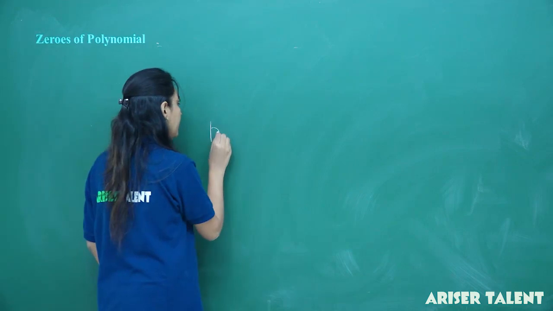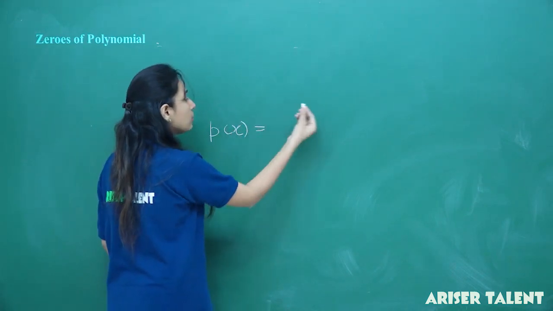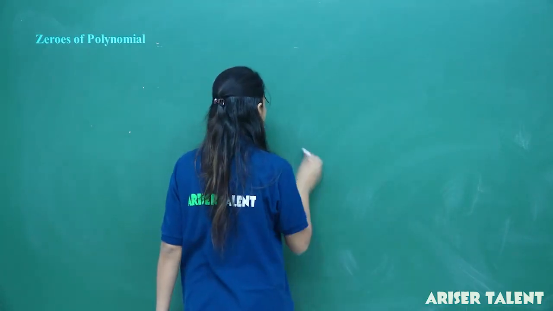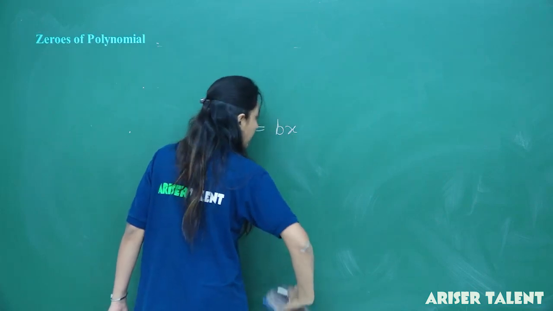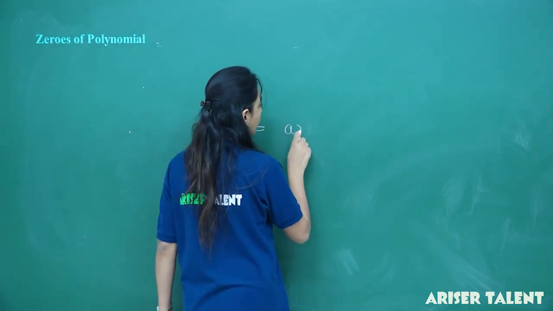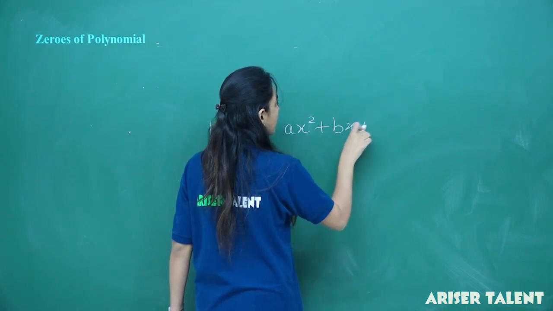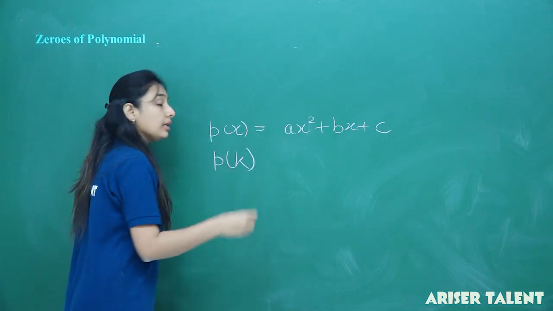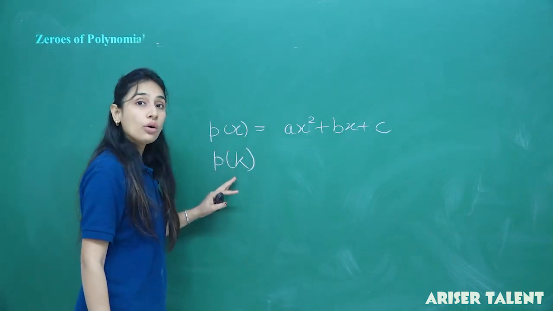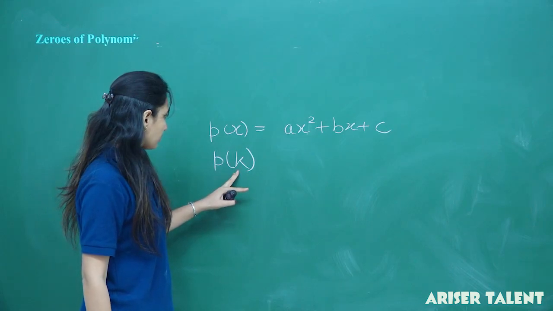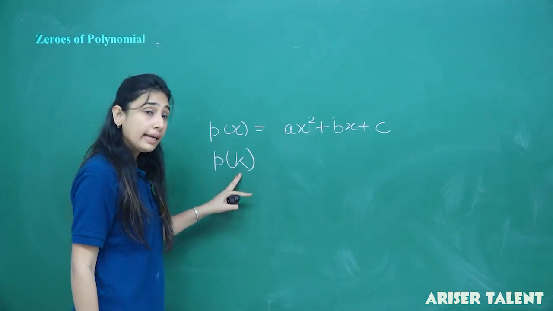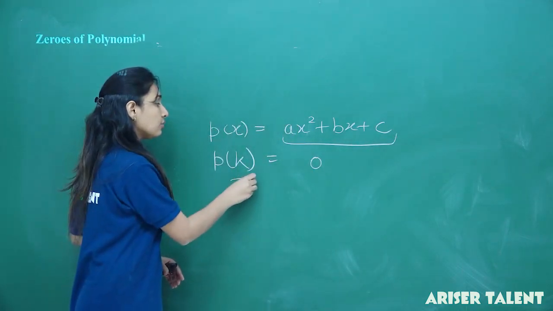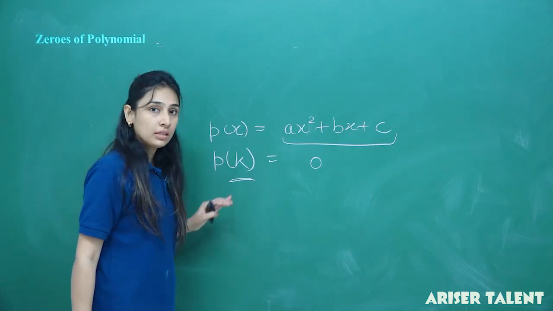If p(x) equals an equation like ax square plus bx plus c, and p(k), at a particular value x equals k, becomes 0, then k is a zero of that polynomial.